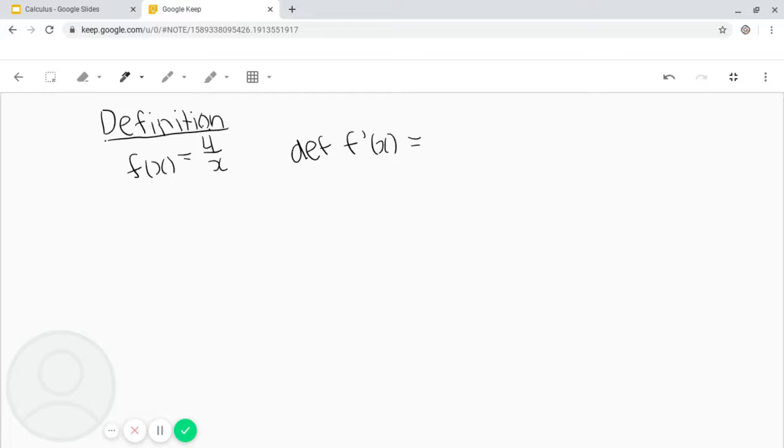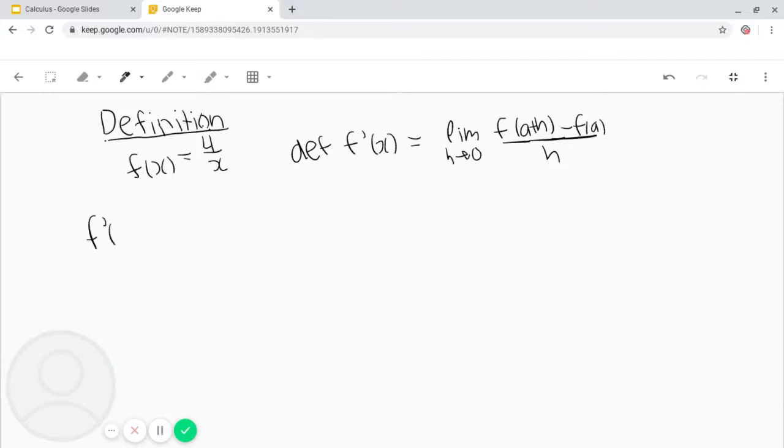So this is simply the limit as h approaches 0 of f of a plus h minus f of a all over h. So then we can get started.